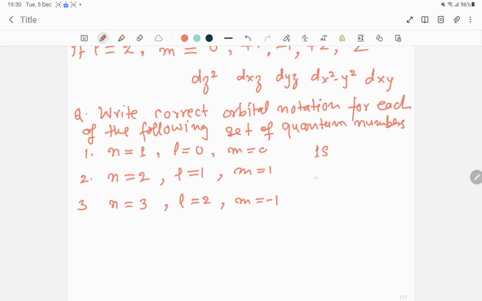So the orbital notation for this set will be 2py. If n is equal to 3, principal quantum number 3, l is equal to 2, that is a d orbital. Now m is equal to minus 1, that is the dyz orbital.